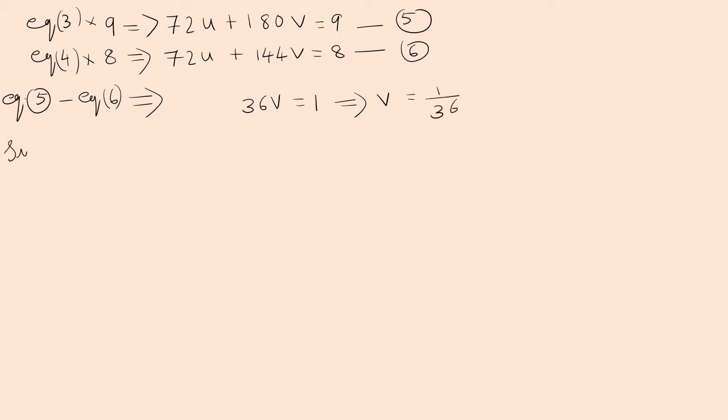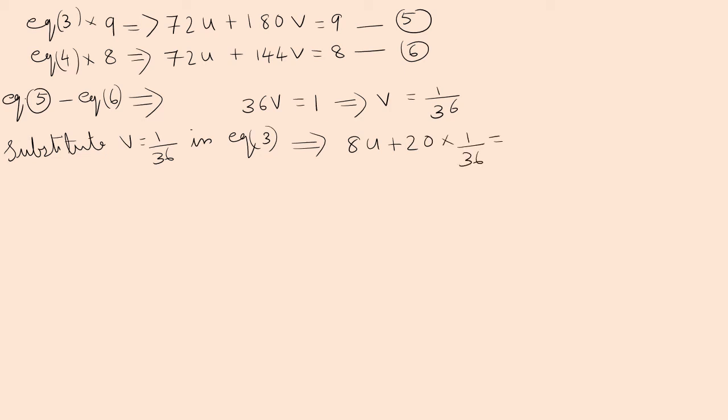Now we have to substitute v equals 1 upon 36 in equation 3. So you are getting 8u plus 20v, that is v is 1 upon 36, equals 1.